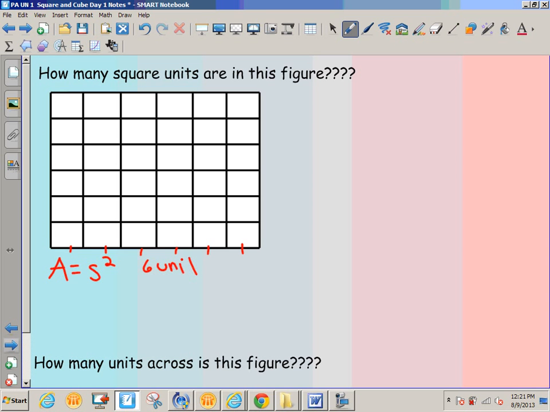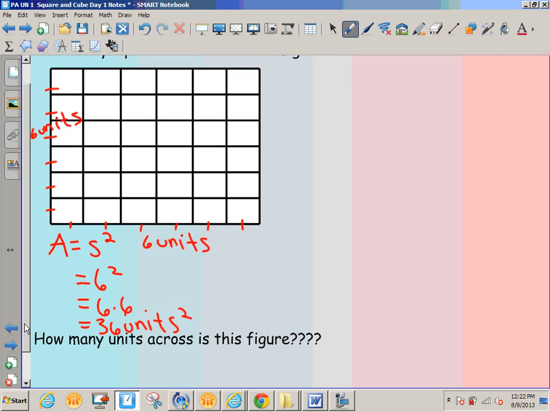So if it's 6 units across, then it also should be 6 units high. 1, 2, 3, 4, 5, 6. So we were right about that. So that's also 6 units. So if I plug into my formula side squared, then it's 6 squared, or 6 times 6, which is equal to 36 units squared.